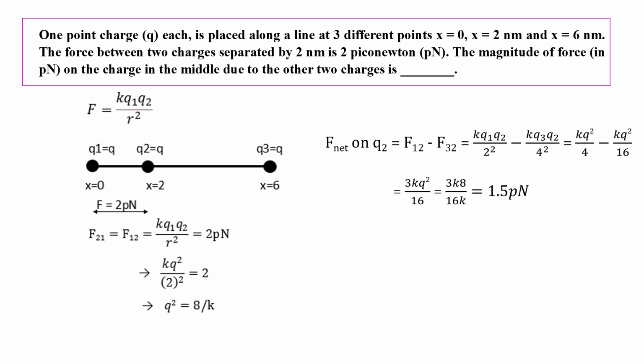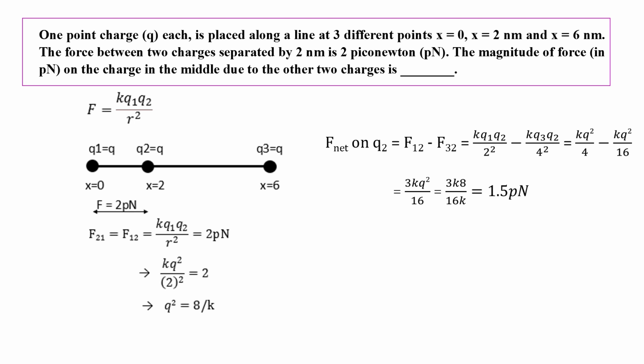Because the force between the two separated by 2 nanometer distance is 2 piconewton, so we can say that F12 is equal to F21, that is K Q1 Q2 by R square is equal to 2 piconewton.